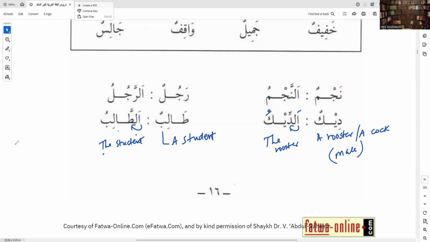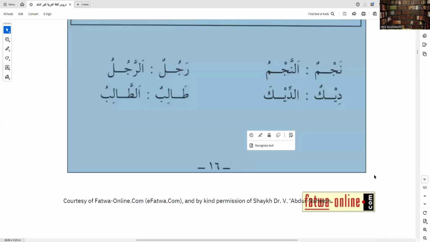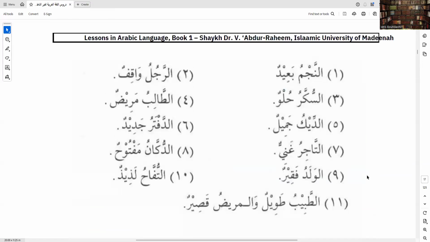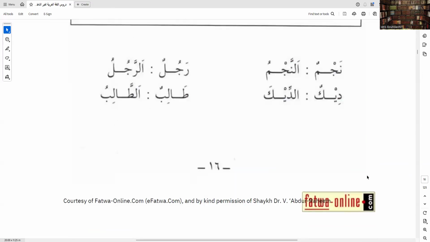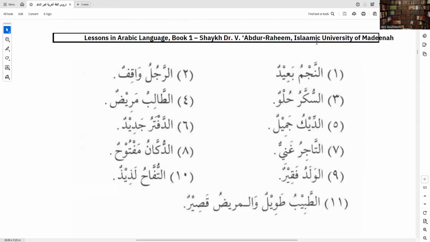Let's read some more sentences from the book so that we can reinforce our understanding of the concept. So we have some sentences here. النجم بعيد. And so you see that there's no vowel here. You don't see a vowel there.